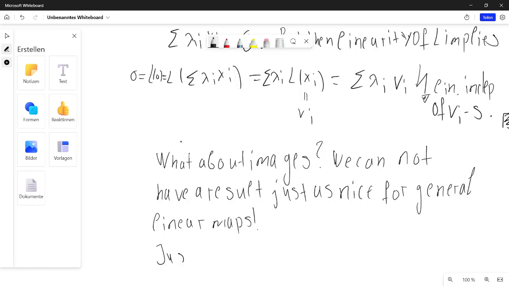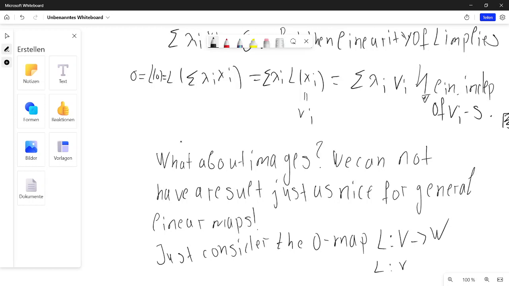Just consider the zero map. Most simple counterexample to that. The zero map, as we had that a few moments ago, that maps everything to zero.